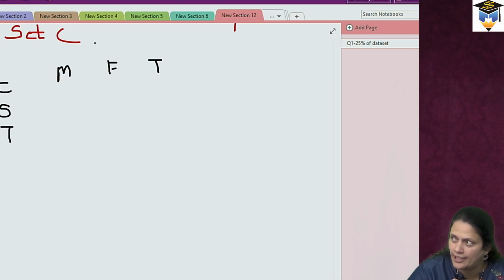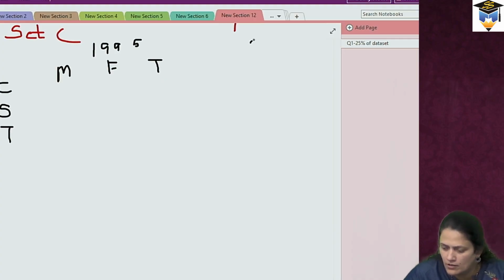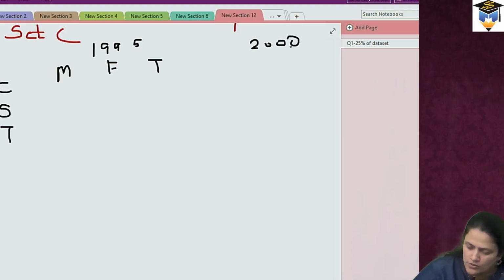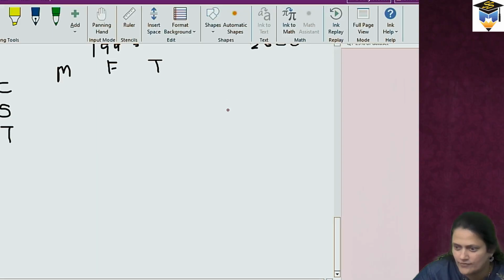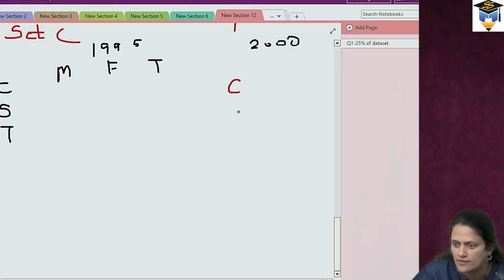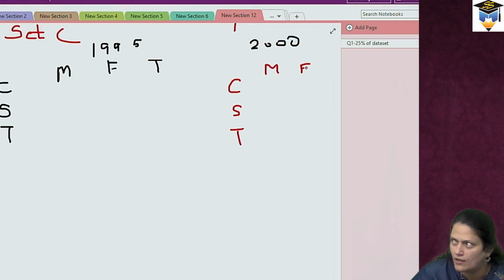This is for 1995. A similar table you will have to draw for the year 2000, again the same thing: commerce, science, total, male, female, total.